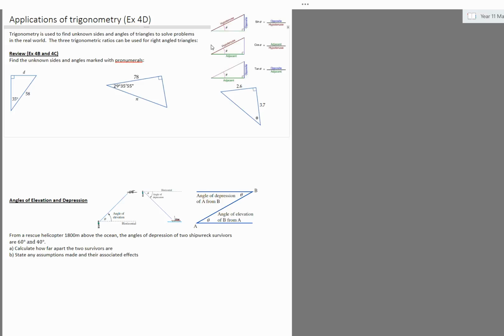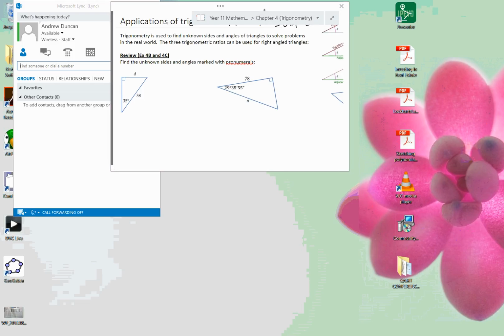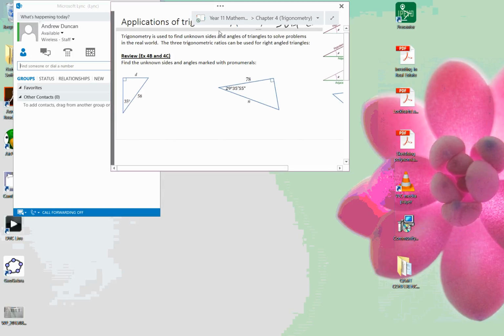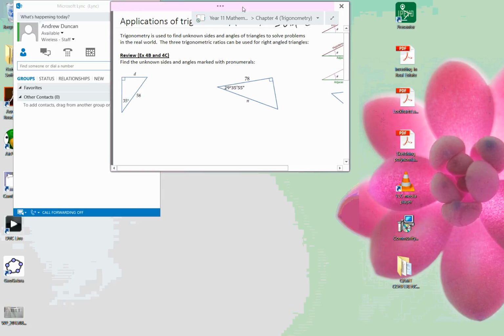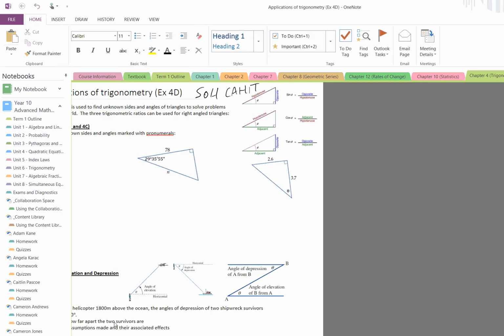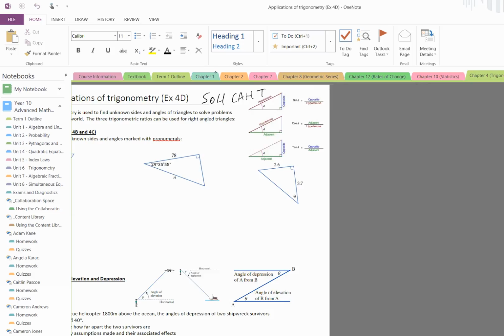There's the ratios. Some people like to use SOHCAHTOA to remember which ones relate to which.